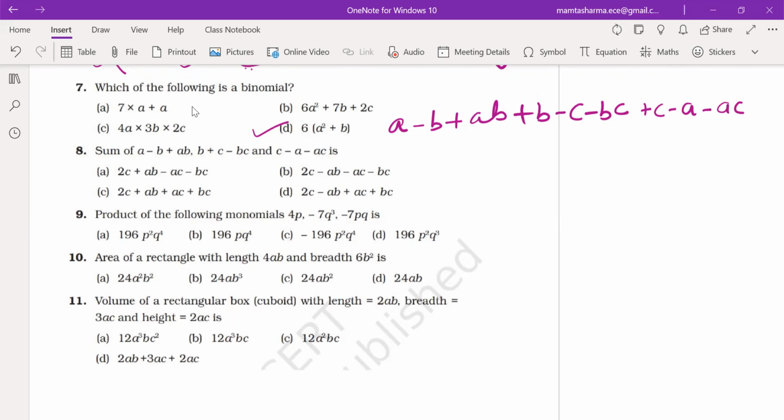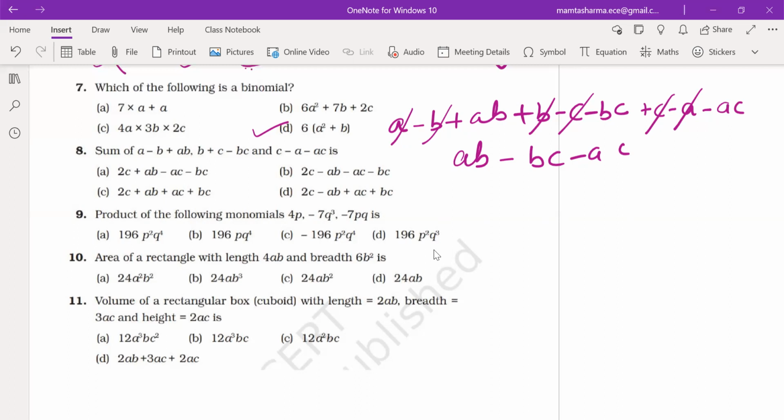Now see, A will get cancelled out. Plus A minus A, plus B minus B will get cancelled out. Minus C plus C will get cancelled out. The remaining terms are AB minus BC minus AC. AB plus BC, AB minus BC minus AC.